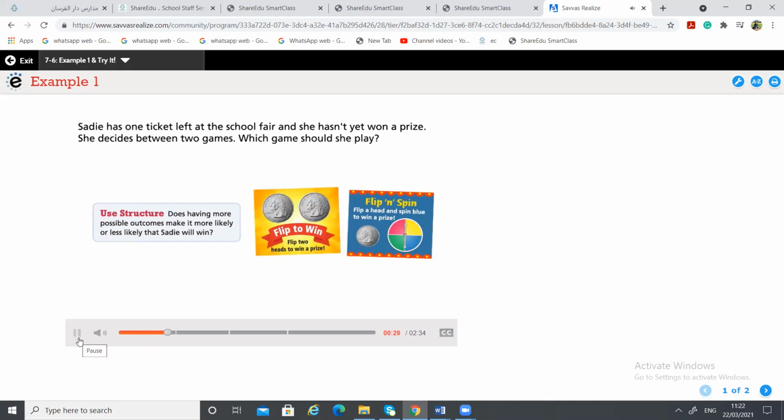Does having more possible outcomes make it more likely or less likely that Sadie will win? Girls, tomorrow I'm going to explain for your test also the words likely, unlikely, impossible and certain. If it is less than 50%, it is unlikely.